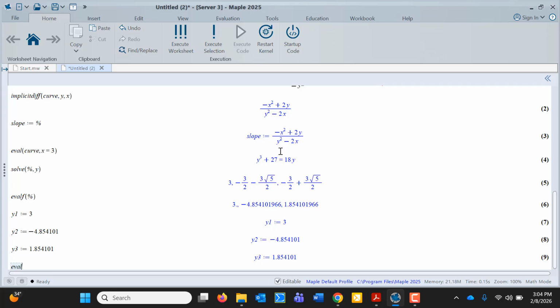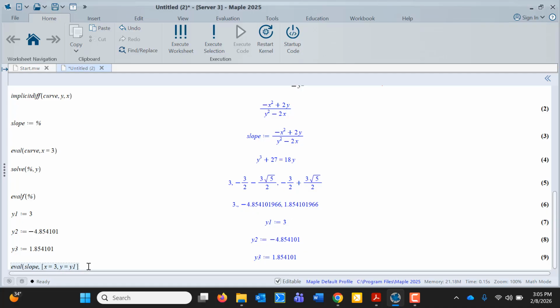We're going to evaluate our slope expression, comma, and here I'm plugging in 2 things. I'm plugging in an x and a y. So I need to use brackets because I've got more than one thing that I'm plugging in. I'm letting the x always be 3. And for the first slope, I'm letting y be that first y value that we solved for, which in this case was also 3.